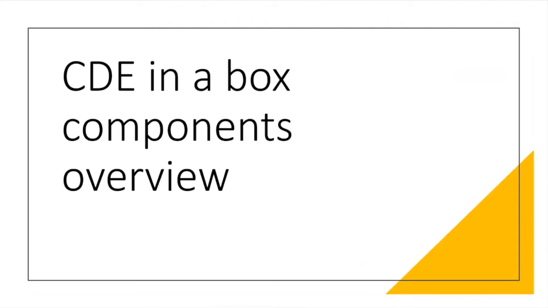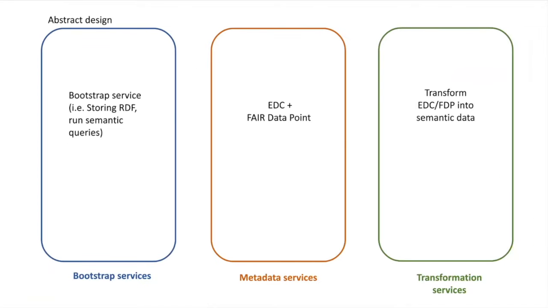Okay, let me give a short overview of the CD in a box components. This is an abstract design of the entire set of applications that make up CD in a box. We have a layer called Bootstrap services. When you run this Docker setup, you get a storage layer and a layer to run semantic queries.